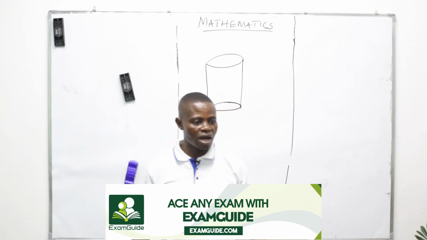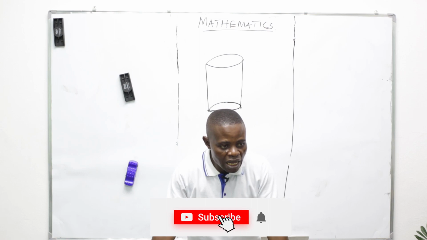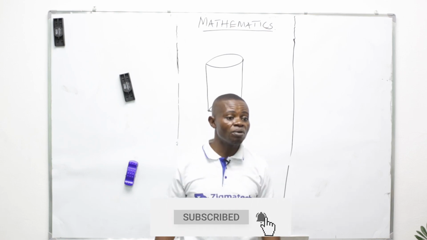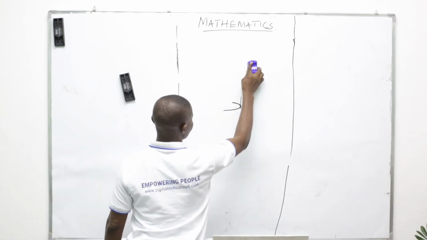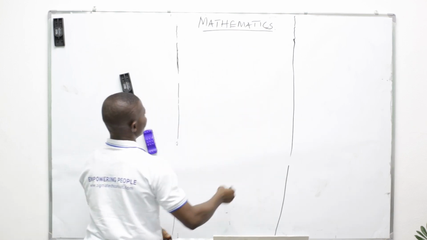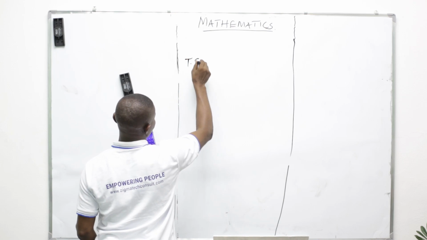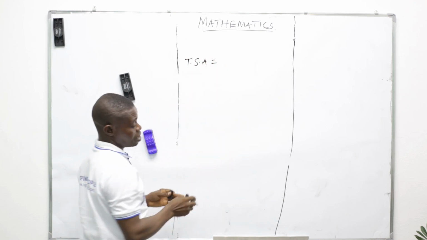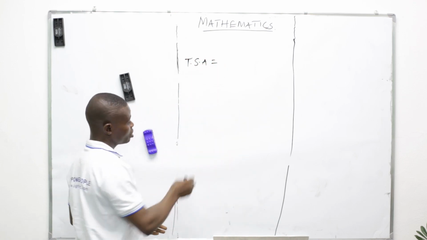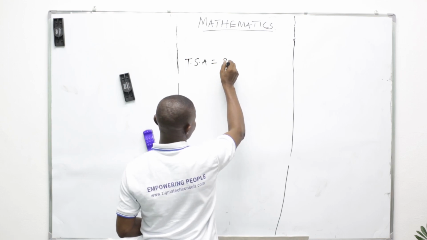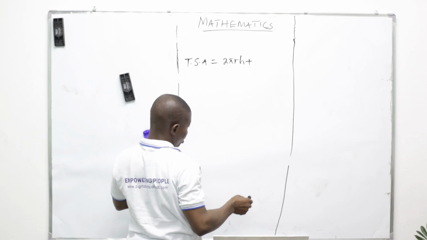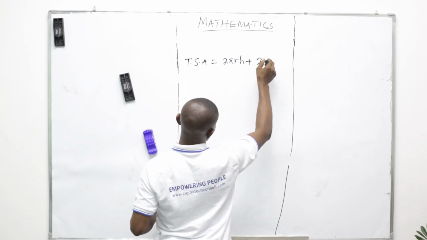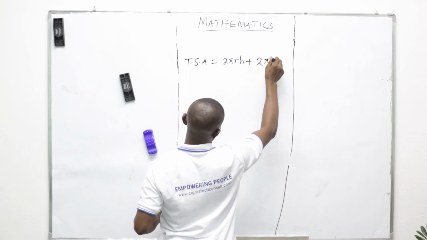If the total surface area is what? 209 cm², calculate the height of the what? The cylinder. Good. Now they said total surface area. T.S.A, total surface area, equals what? Curved surface area, 2πrh plus 2 times area of a circle, 2πr².